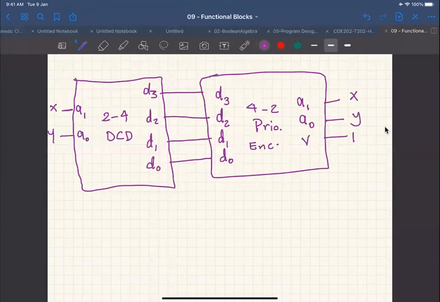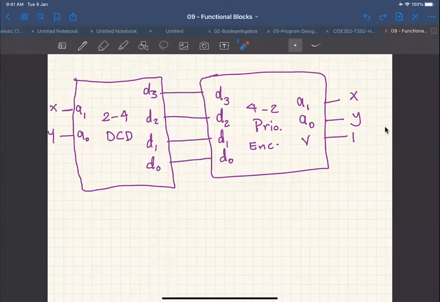Because we said at the beginning that the encoder does the reverse of the decoder. Will anything change if you use a normal encoder, 4 to 2 encoder? The only change is that we don't have a valid bit. Yeah, excellent.